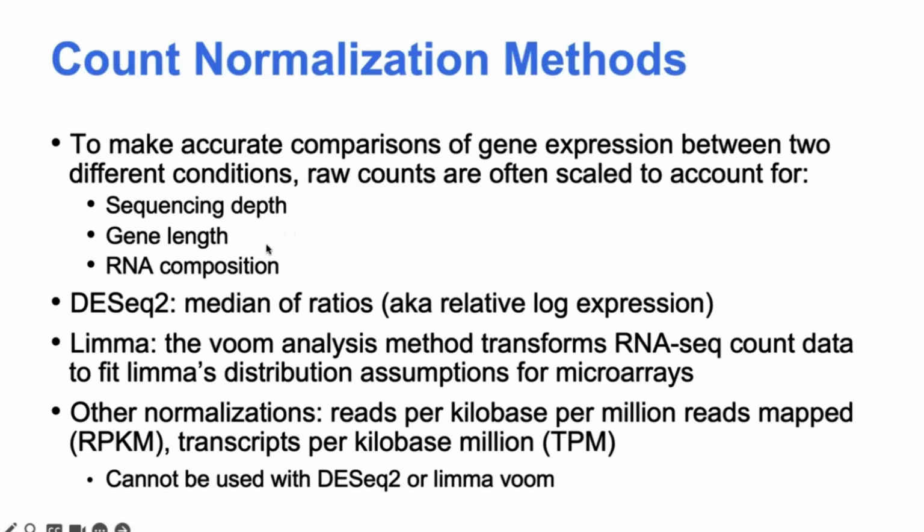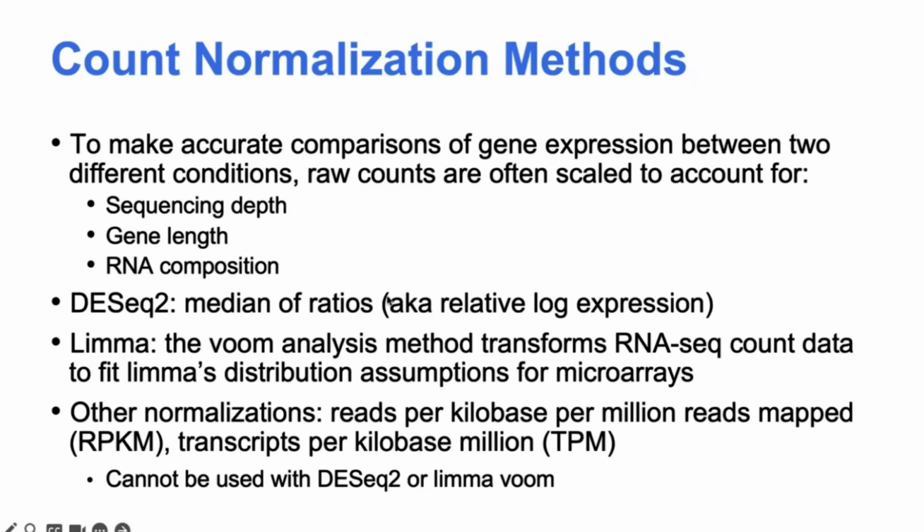DESeq2 uses the median of ratios normalization, which takes into account the differences in library size. Limma, on the other hand, was originally developed for microarray data. It comes with the voom analysis method, which transforms the RNA-seq counts to fit limma's distribution assumptions for microarray.